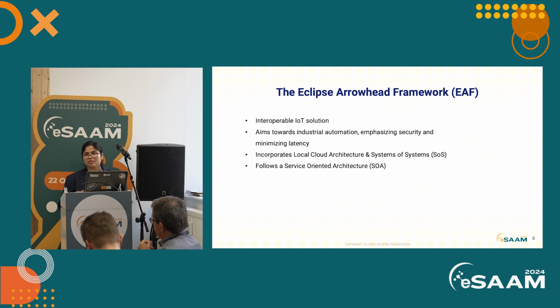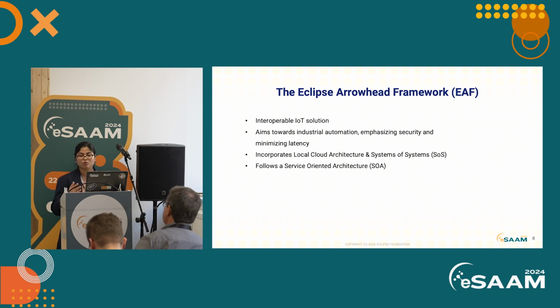The system of systems basically comprises individual autonomous systems that collaboratively work towards achieving a shared goal. A local cloud can be defined as a connection of services and systems that are operating within a confined environment. It can be a particular location, organization, or some particular stakeholder.